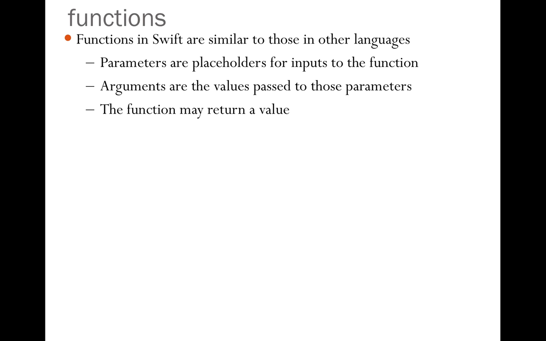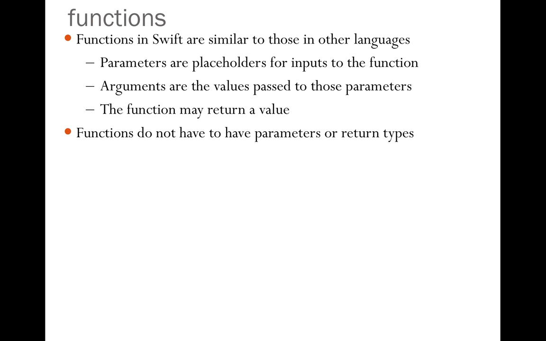Also, there are arguments. When we talk about passing arguments to a function, those arguments are the values passed to those parameters. Also, a function in C can return a value or not return a value. Swift is the same: it can return a value or not.